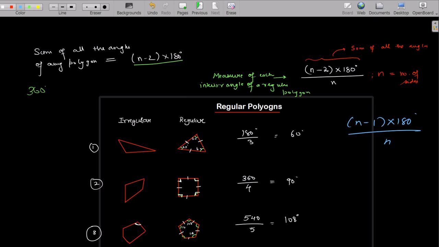Unfortunately, the wrong answer was also there in one of the answer choices. So the moral of the story is never forget this formula: n minus 2 times 180 over n.